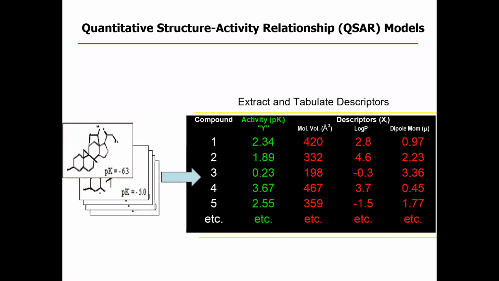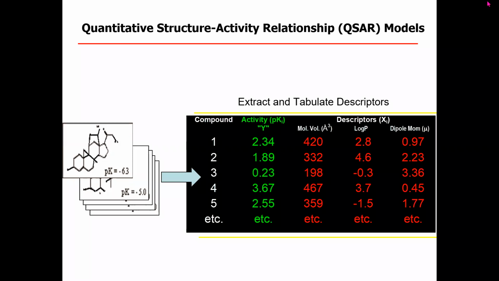There is a rule which says that if you want a one descriptor model, that is y equal to mx plus c, we should have at least approximately 5 data points. If you want a 2 descriptor model, that is y equal to m1 x1 plus m2 x2 plus c, then you should have approximately 10 data points. These come from statistics. If you have done a course on statistics and regression, you will come across this.